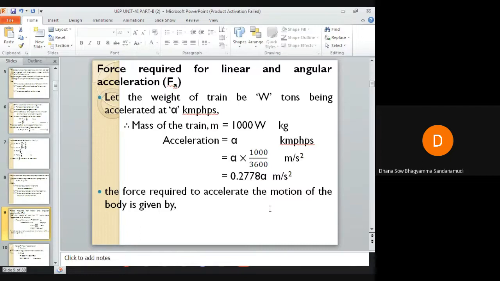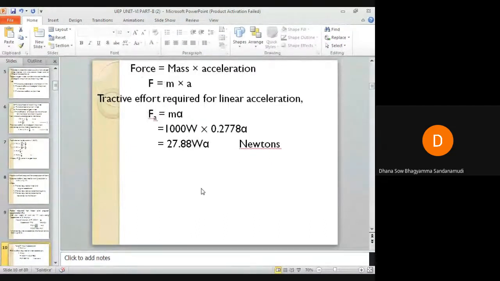According to the fundamental law of acceleration, the force required to accelerate the body is given by F equal to m into A. M is the mass, A is the acceleration.